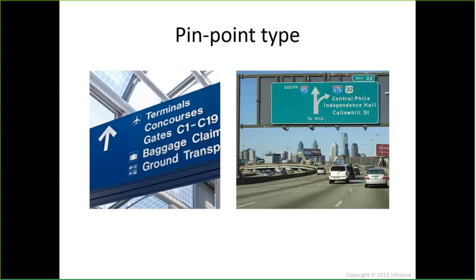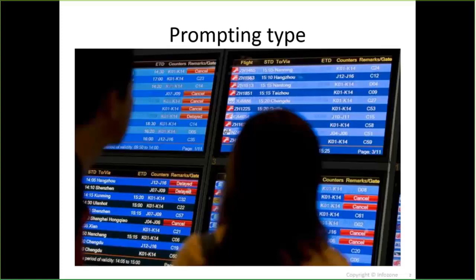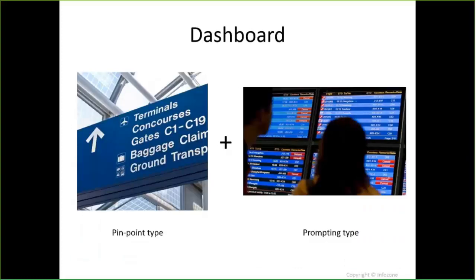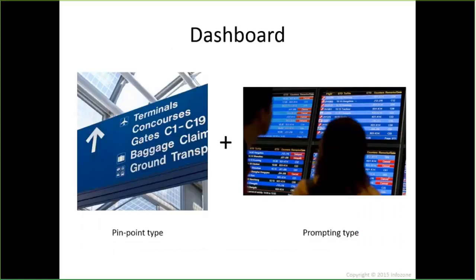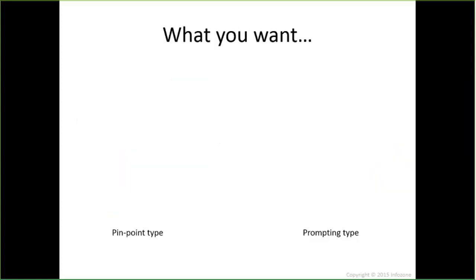It's very precise, very minimalistic. And then the third one is prompting type. When you're at the airport, if your flight is delayed, then certain ones are highlighted in red. Now in the dashboard, what you want is the pinpoint type and prompting type combined together. And that's how you can create your own dashboard so that it gets your attention.